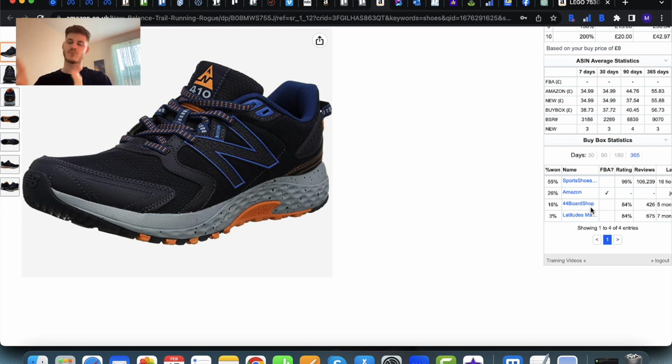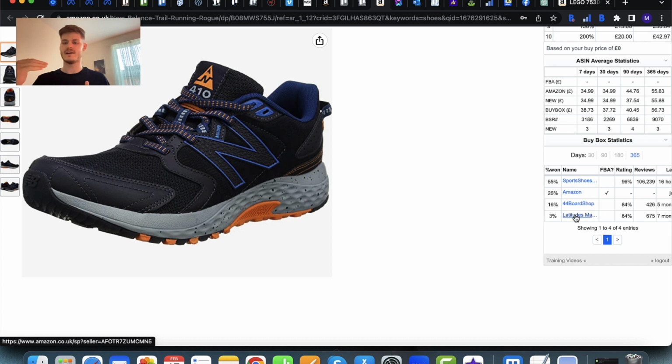So beyond just what you can see there and showing you who has had the most possession and how that's split up, you can see more about a listing through this. For example, we can see that on this particular listing, it's not a case of this seller has had it for this percentage of time and then it's been Amazon the remainder of that time. There are other sellers on here who've had it for a portion of that time as well.